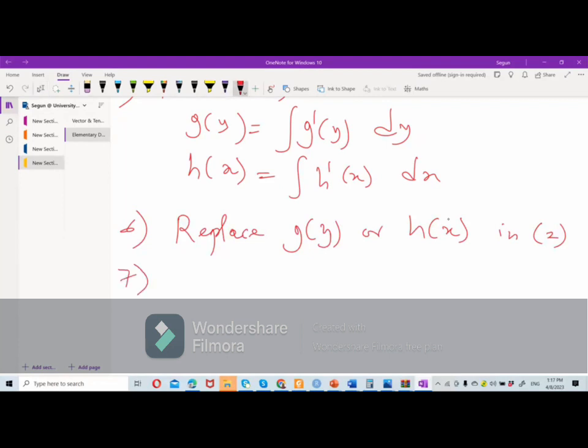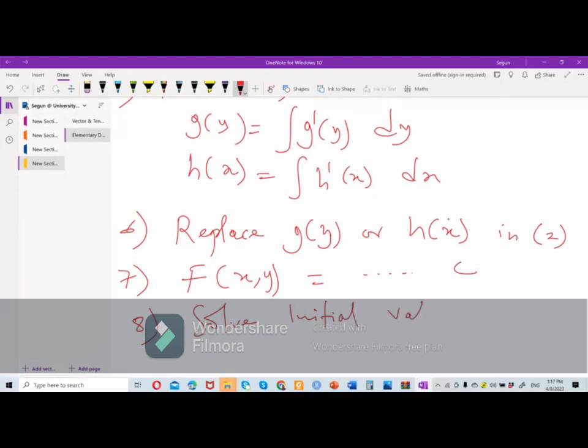Step 7, our f of x comma y equals to the way we solved it the other time. And the last step, in case you are given initial value, solve in order to get your C.